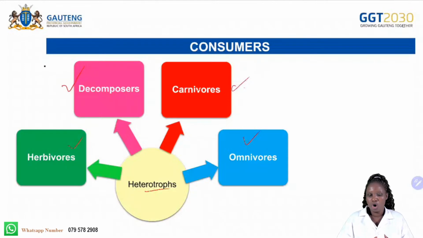When they act on them, the life cycle goes on, because as they decompose them, nutrients are being released. And remember, the producers, which are the plants, will need the nutrients for growth.